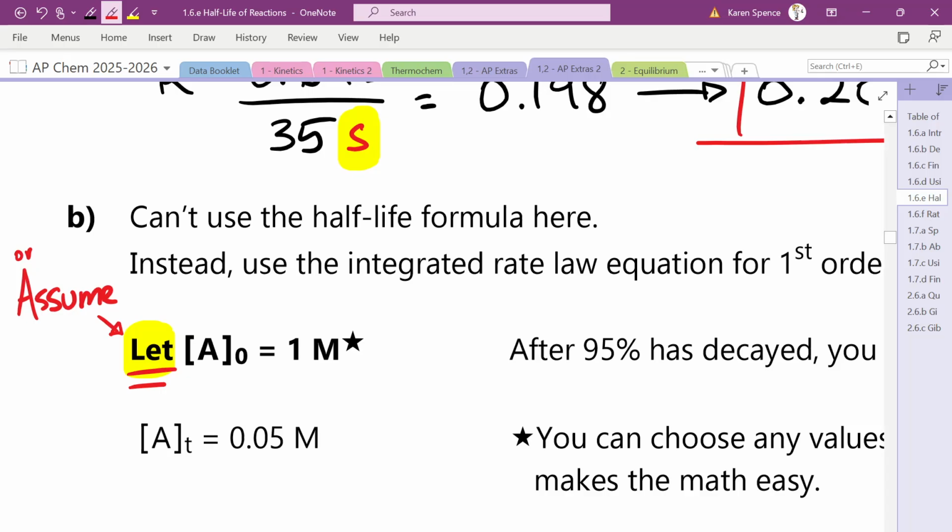It doesn't matter. You could say 100 molar, but that's a weird concentration, yeah? But if it's 1 molar, then A at time t is equal to 0.05 molar. This here is important because is the actual concentration 1 molar? No. So if you're making an assumption, you have to say assume or let, okay?